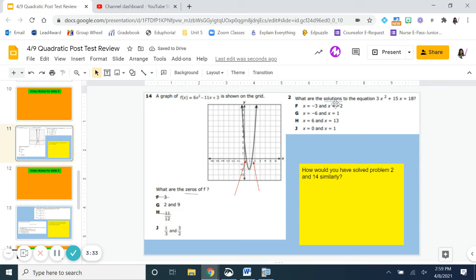Solutions also can mean x-intercept sometimes. In this case I have two equations, 3x squared plus 15x equals 18. Basically I want to know when these two equations intersect each other. If I look at my answer choices, these are the numbers that I want to be looking for when I plug that into my calculator.